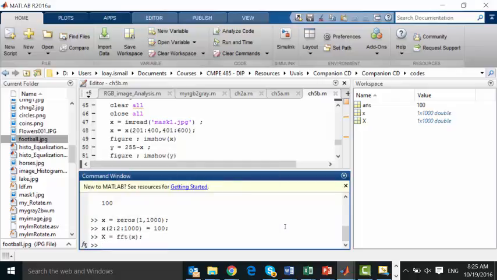We can say that x of 500. So here I need to go to the element whose index is 501, right? So we'll have something like this, okay?